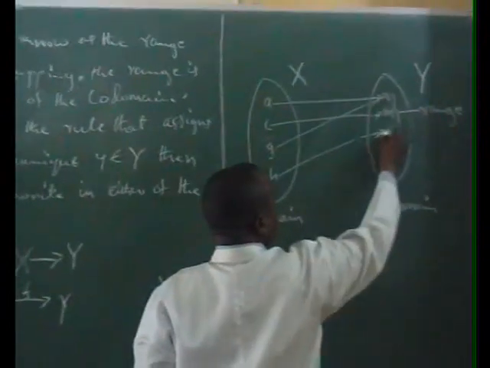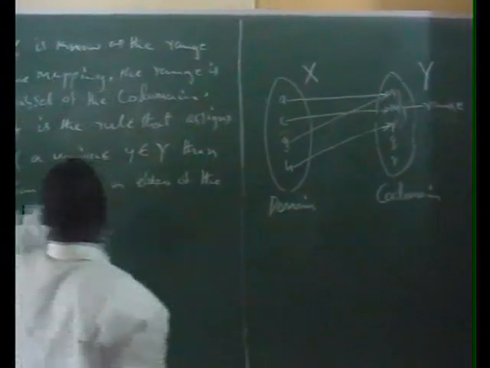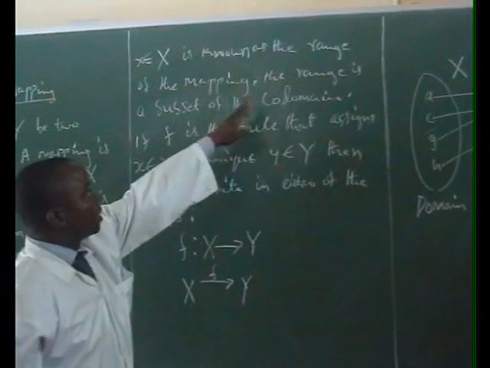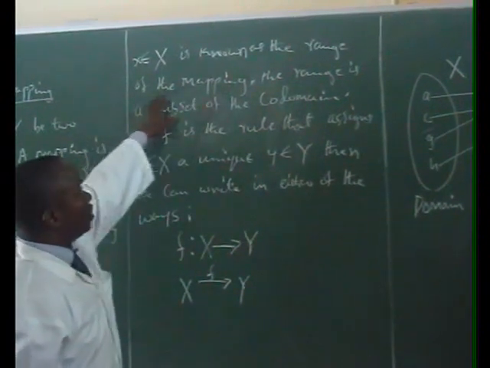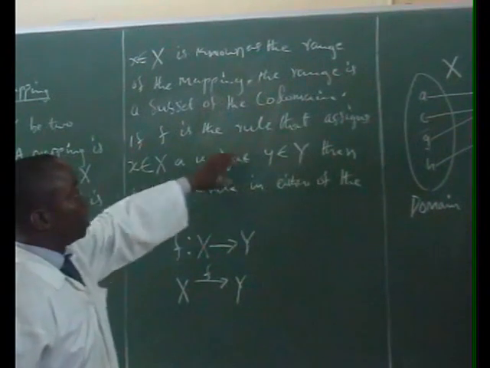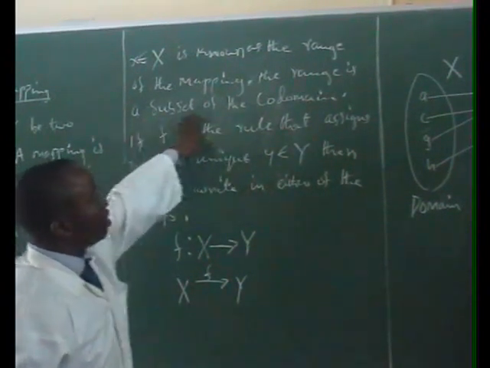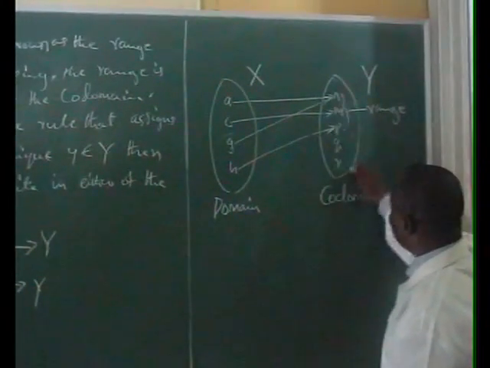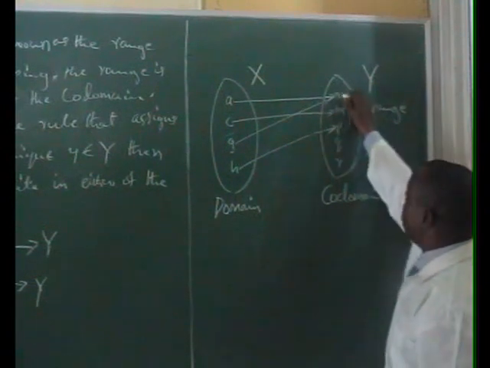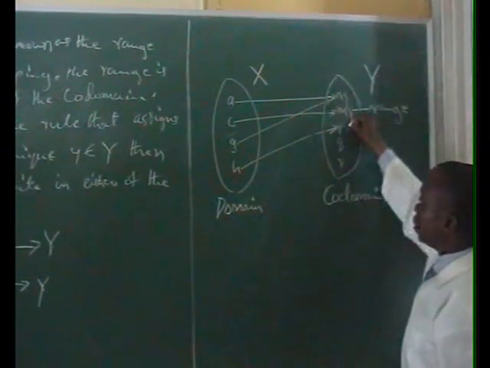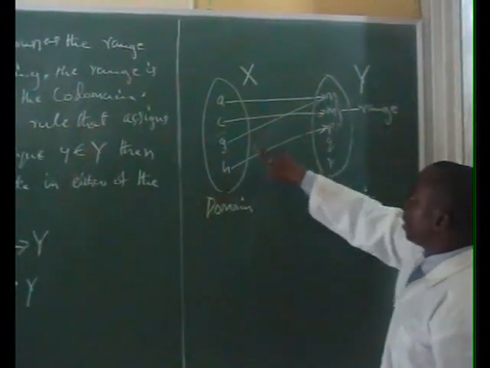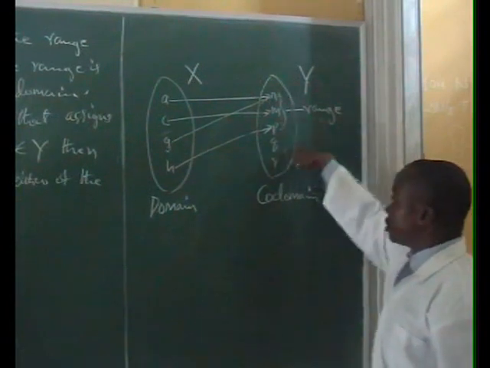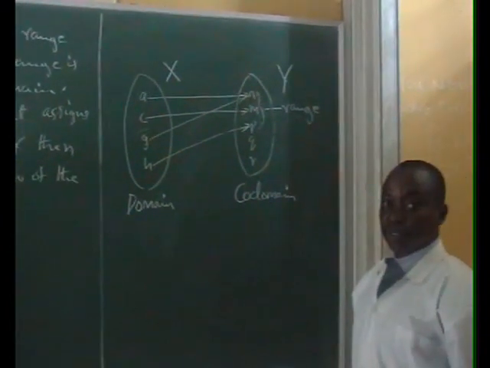This element is known as the range of the mapping. Now, the range is a subset of the codomain. You can see from here, this one is called codomain. So the range here, which are these three that elements here are assigned to, is called the range. So the range is a subset of the codomain.